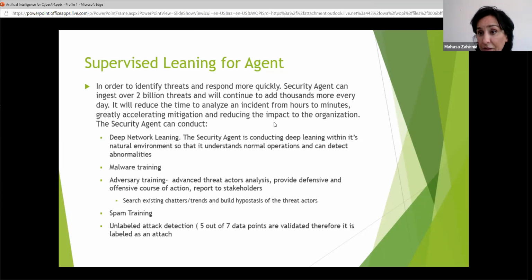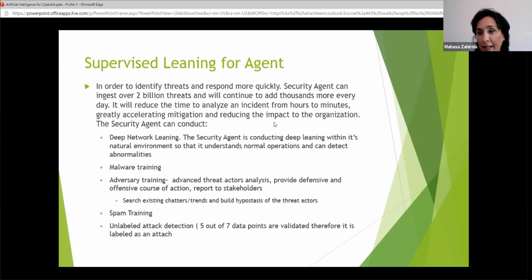We have to do the adversary training, as it is important. And adversary training is not a static environment. It's a dynamic environment. We have the agent search the existing chatter, the trends that are out there, and build hypotheses based on those threats that it sees, and come back with threat actors.